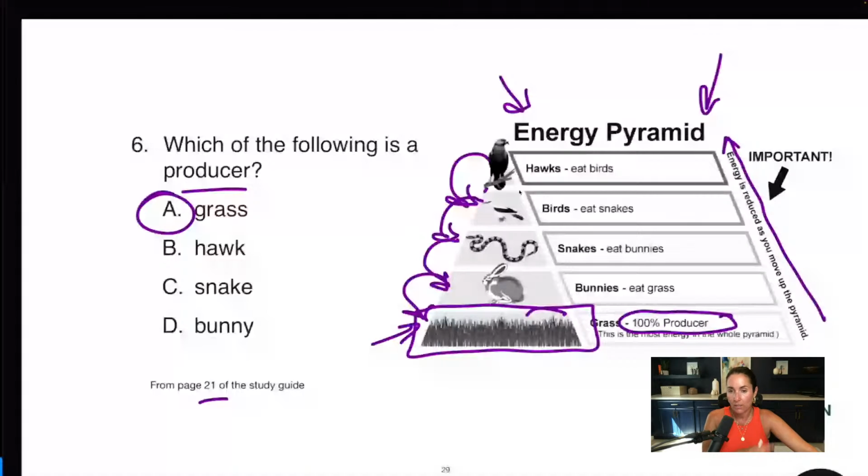And the cycle goes on and on. So when you are moving up this pyramid, you're losing some energy because the bunny got most of the energy from the grass. Then the snake gets some of that from the bunny, the bird gets some of that from the snake, and the hawk gets some of that from the bird. But grass is the producer. Trees, grass, flowers, things like that, they are producers.